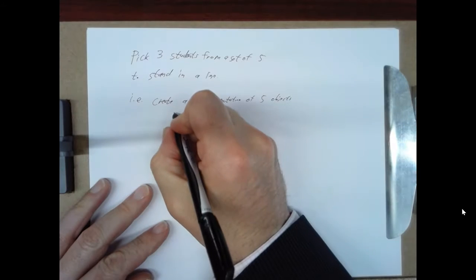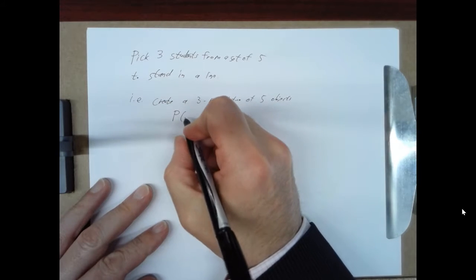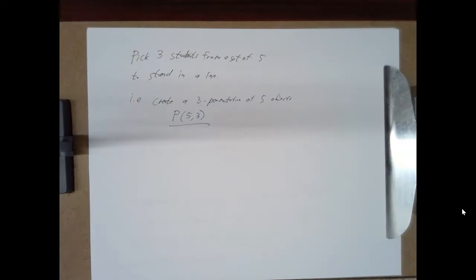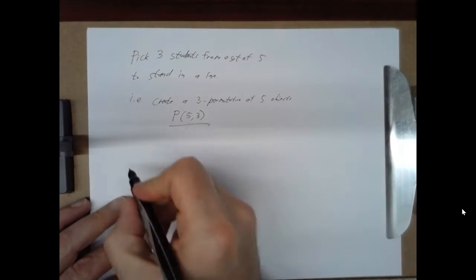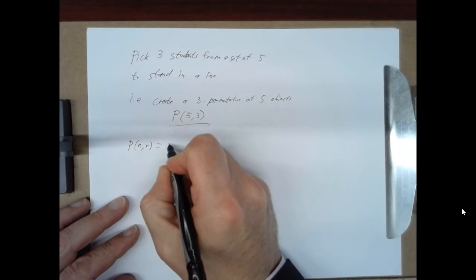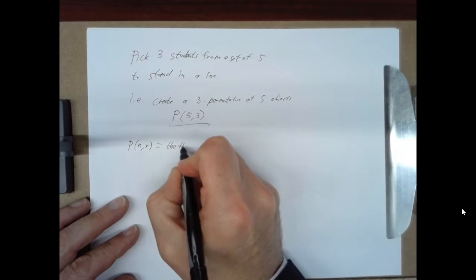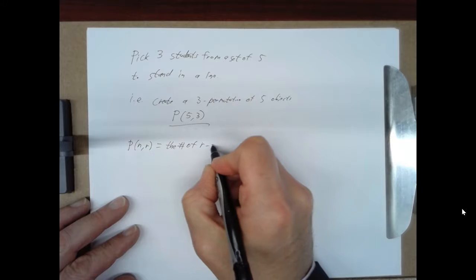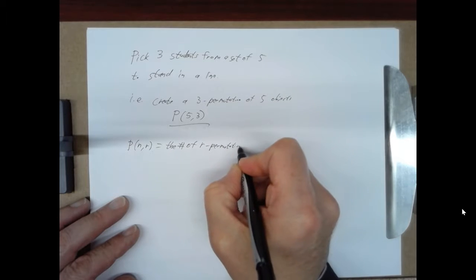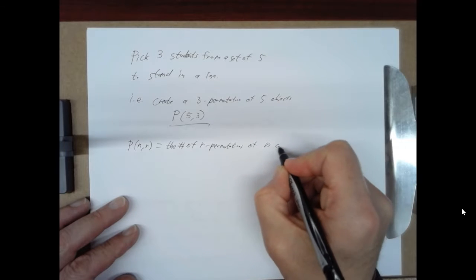And our notation for this would be P(5, 3). So P(5, 3) is the number of ways that we can arrange 3 things out of 5. So more generally, P(n, r) equals the number of r permutations of n objects.